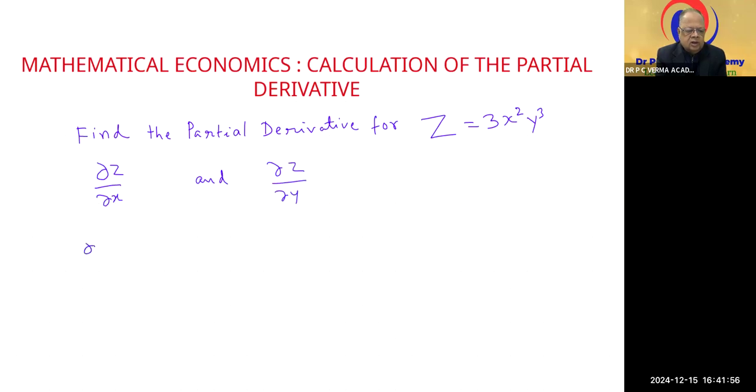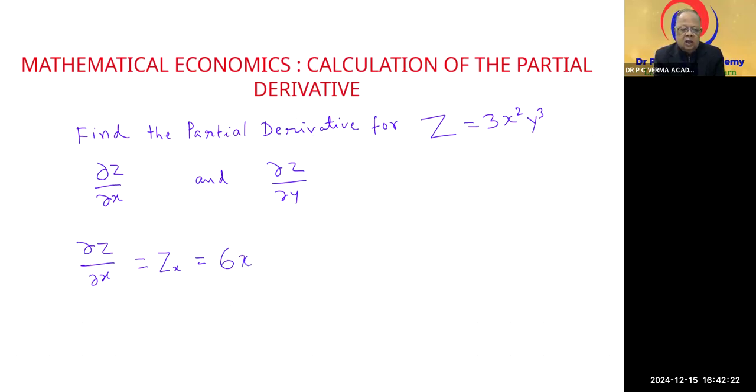Del z by del x, that is zx, is equal to 3 into 2, 6x. 2 minus 1 will be 1, that is 6x.